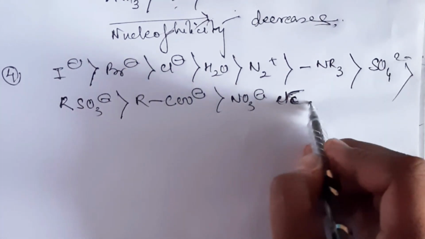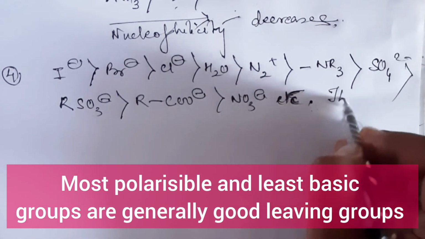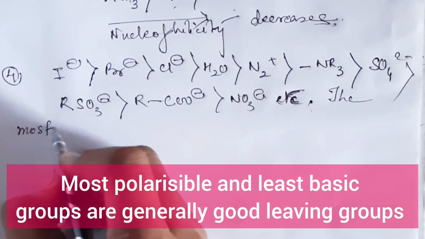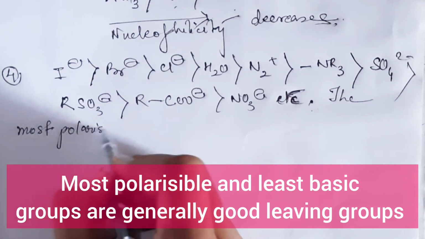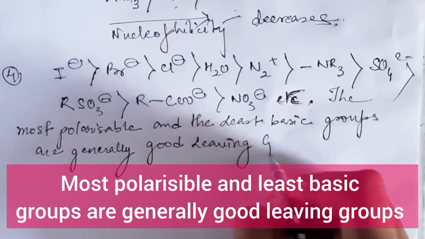The most polarizable and the least basic groups are generally good leaving groups.